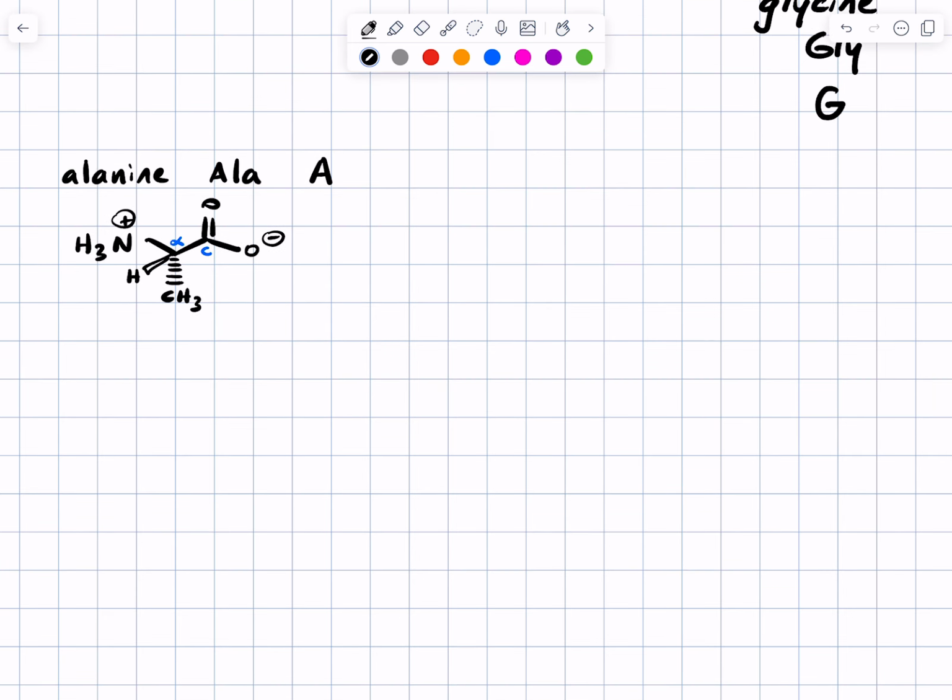So this is alanine, and I will call it basically a generic amino acid in the sense that it's not polar, but it's also not that hydrophobic. The side chain is small, and the side chain is not charged.